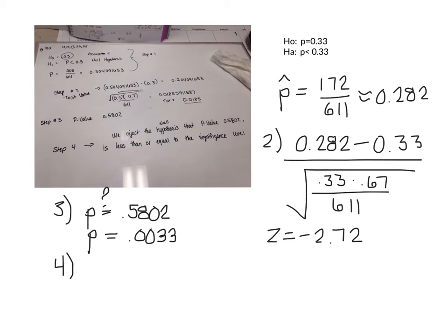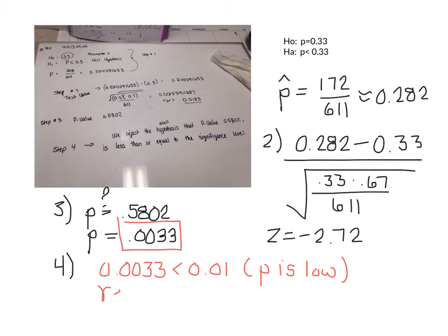But with the actual accurate p-value of 0.0033, that p of 0.0033 is less than the level of significance given in the problem, 0.01, which means p is low, and that means we will reject the null hypothesis. Okay? Because our p-value is less than the level of significance given.